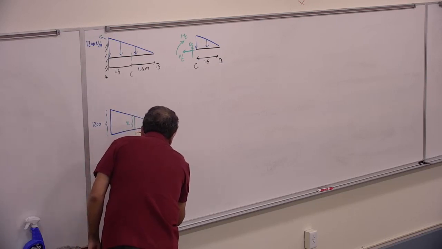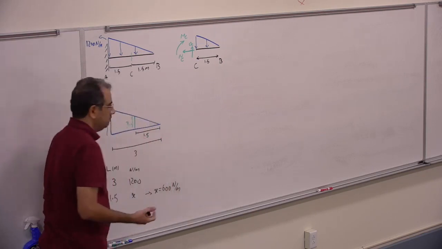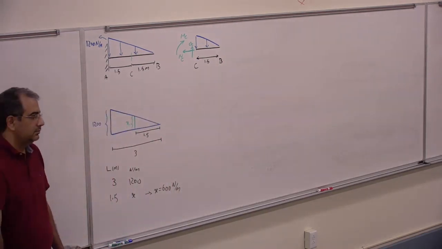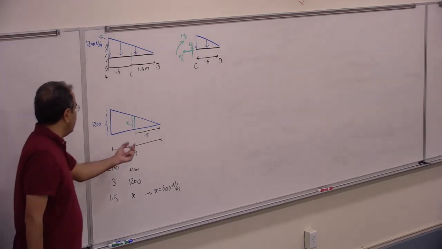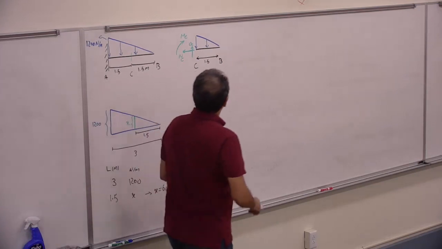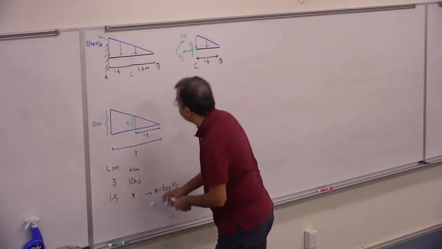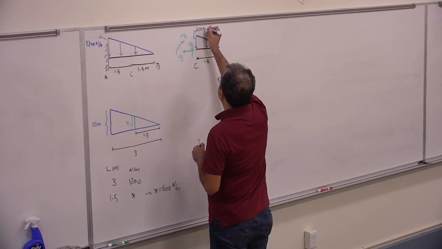If you calculate, it's going to give you 600 Newton per meter. So basically, the distance is half, so that's going to be half. So that is going to be 600 Newton per meter.